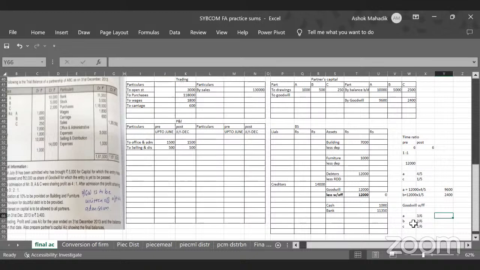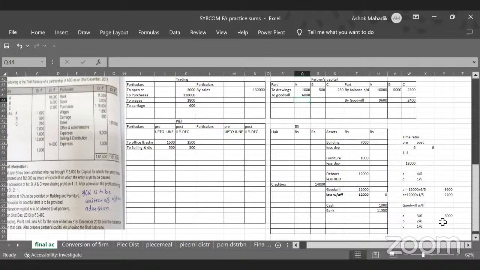It will be 12,000 into 3/6. So when we write off Goodwill, it will be recorded on the debit side of the partners' capital account. What is A's share? 6,000. Clear?